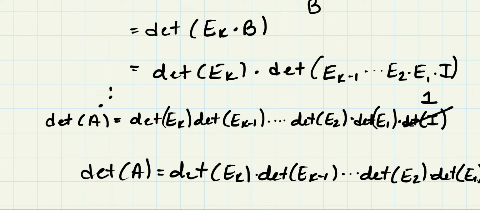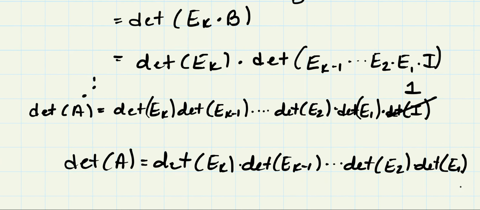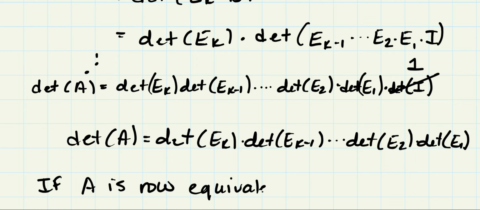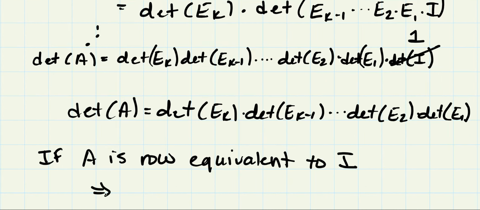Now, why is that important? Well, remember that these determinants are non-zero, every single one of them if they're an elementary matrix. So we get that if A is row equivalent to the identity matrix, this implies that the determinant of A is non-zero. And remember that a matrix is row equivalent to the identity matrix if and only if it's non-singular, meaning it's invertible.